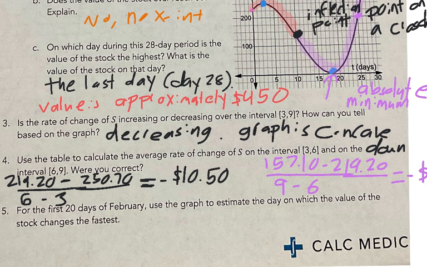It's going to be at the point of inflection, where the graph switches from concave down to concave up. And so it would be approximately day 10. It doesn't tell us how we know, but we know because it is the point of inflection on that interval.